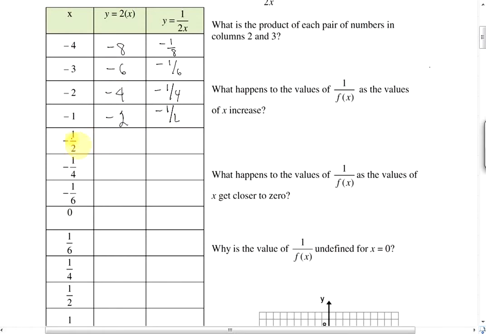Let's see what happens when we put in -1/2. So when I plug that in, I get 2 times -1 over 2, which gives me -1. And then when I plug in -1/2 into our reciprocal function, I get 1 over 2 times -1 over 2.